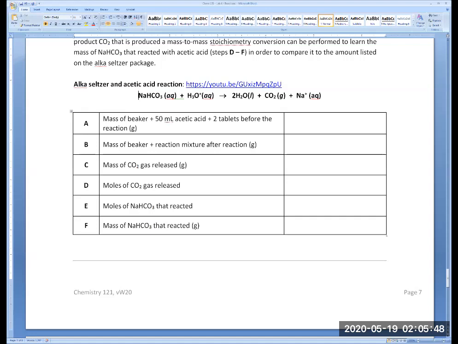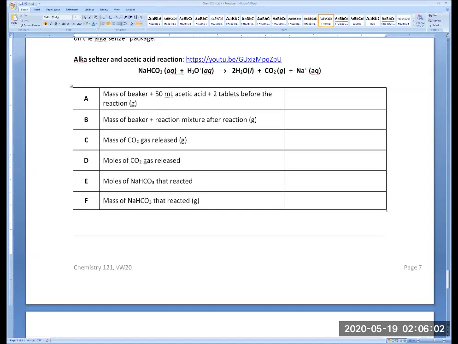By showing the mole-to-mole ratio, the equality that says 1 mole of CO2 is produced from 1 mole of NaHCO3, right? We want you to show that. And then from the moles of NaHCO3, you will calculate the mass. And again, to go from moles to mass, you need the molar mass. But this time it's the molar mass of NaHCO3, right?